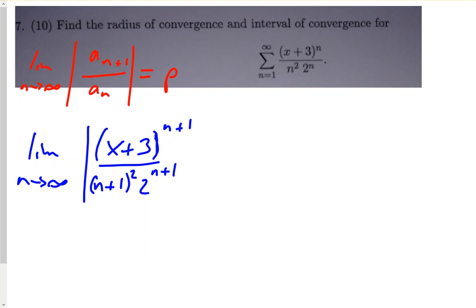That would be divided by the original a sub n. Dividing by that means multiplying by its reciprocal, so multiply by n squared times 2 to the n over x plus 3 to the n.